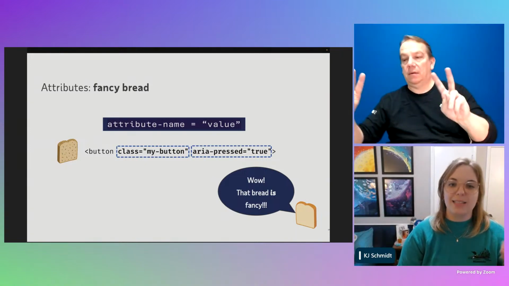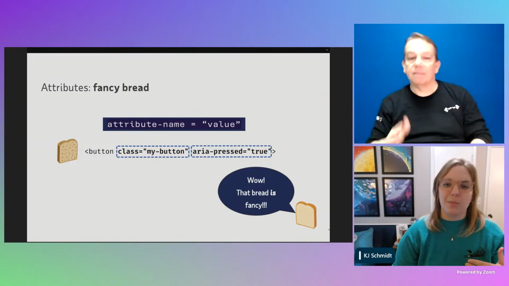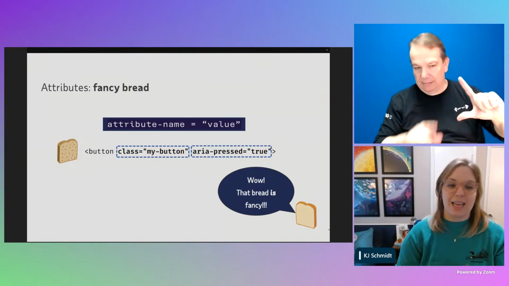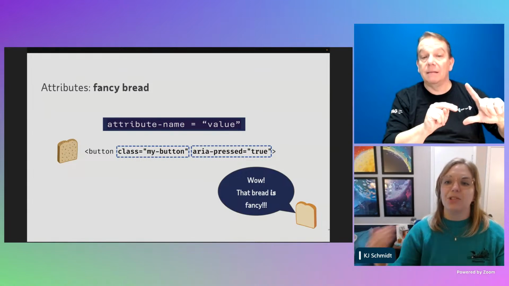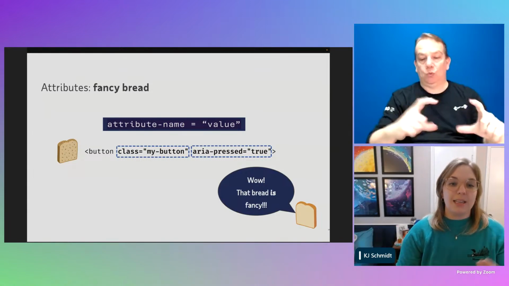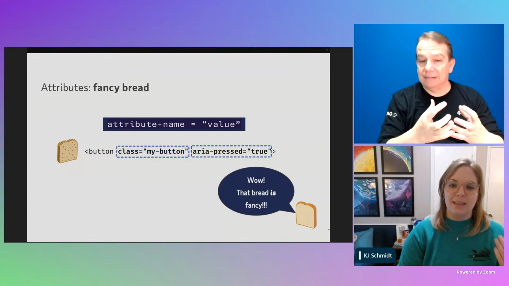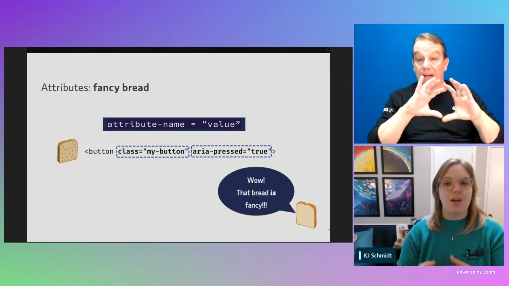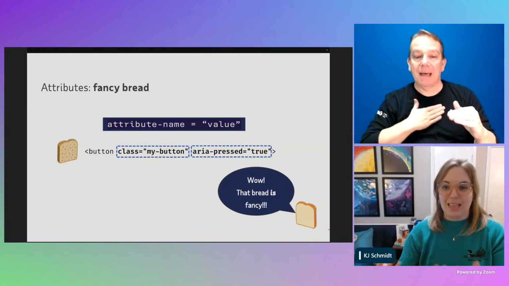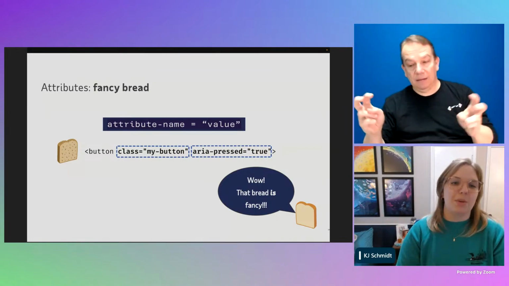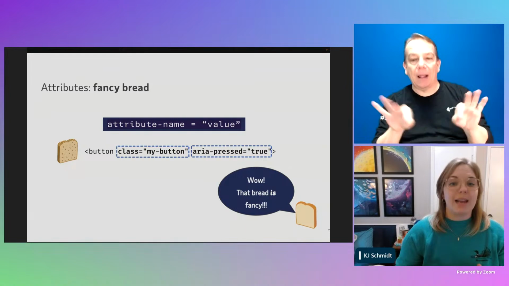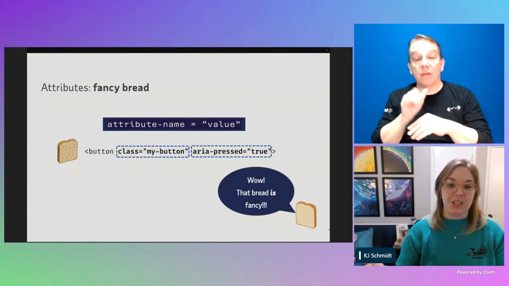For instance, in my example here, I have a button element, and inside of that start tag, after the word button, I have 2 different attributes. The name of the first attribute is class, and it's written as class equals my-button, and that's my value that's inside of quotation marks. And then right after that attribute, I have a second attribute.